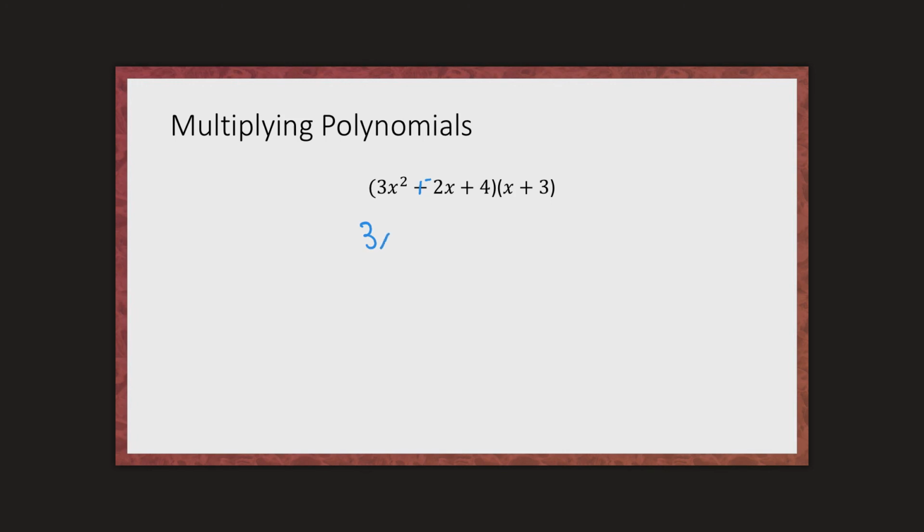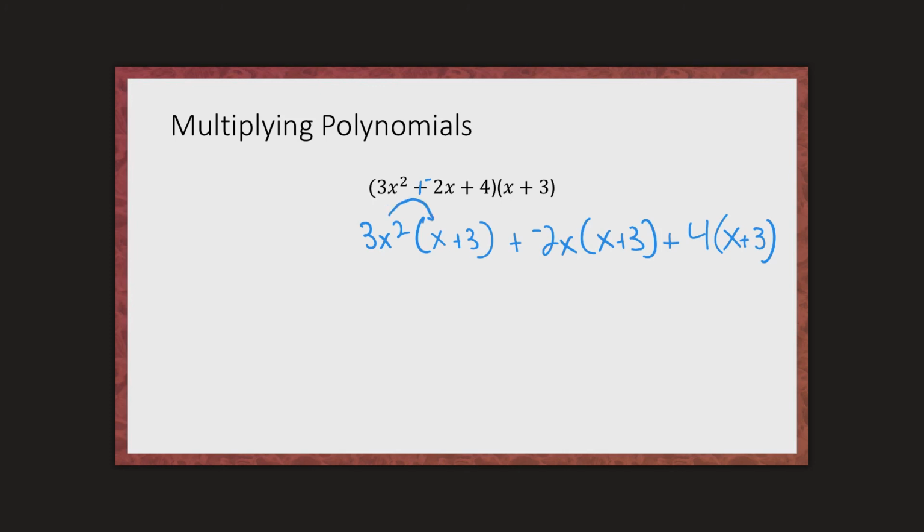So 3x squared times x plus 3 plus negative 2x times x plus 3 plus 4 times x plus 3. And it might seem like a lot of writing, but it really ensures that you multiply everything in the first polynomial by everything in the second polynomial.